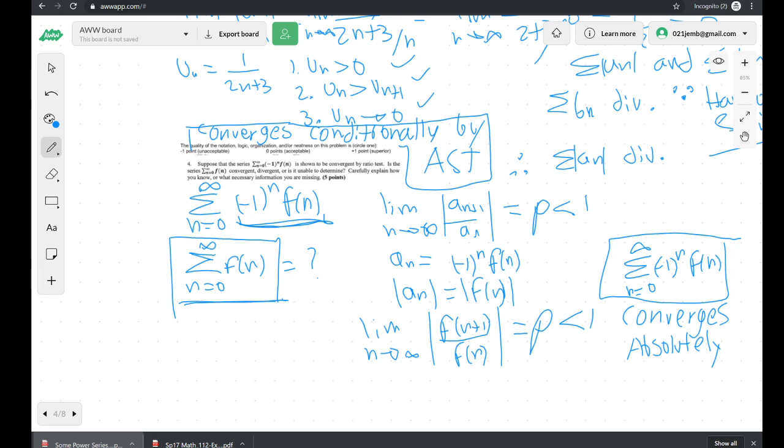So if the original series converges absolutely, then the series from n equals 0 to infinity of f sub n converges.